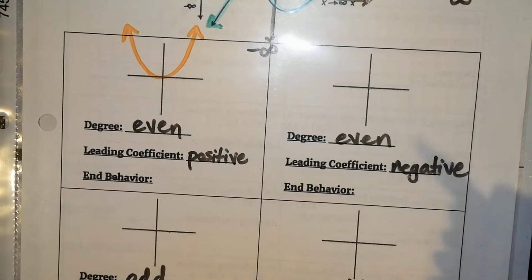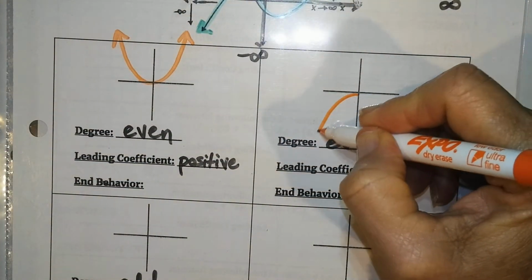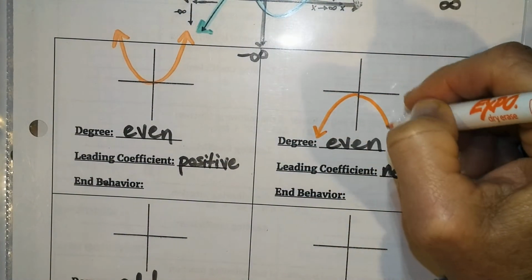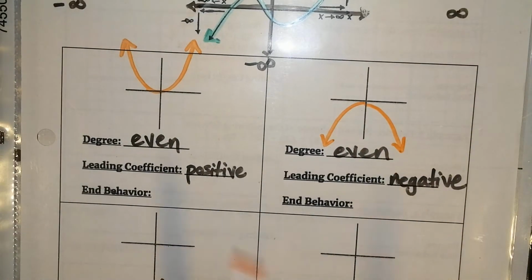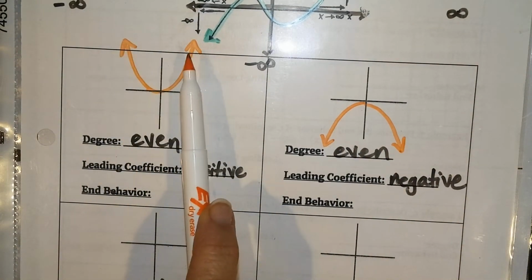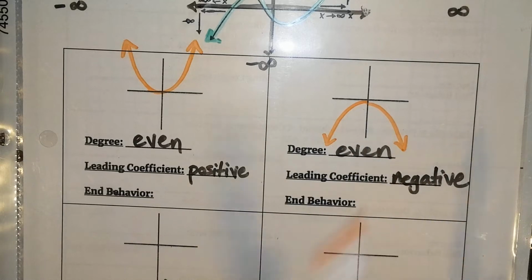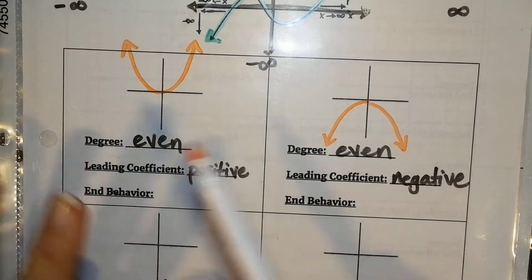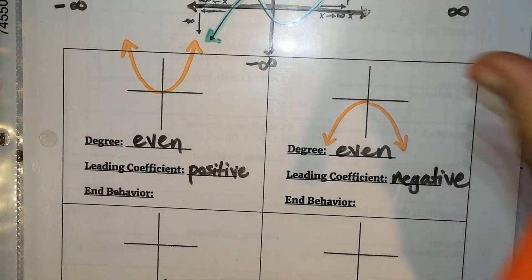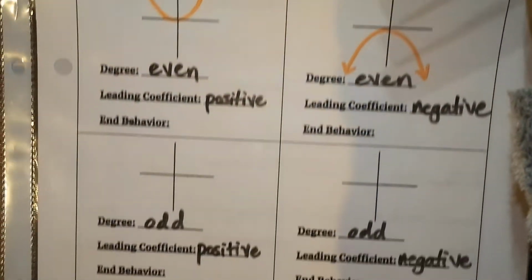If it's negative, it's going to look, in general, like this. So we know that either the ends are going up or the ends are going down. That's what you can tell from this picture, those two situations.